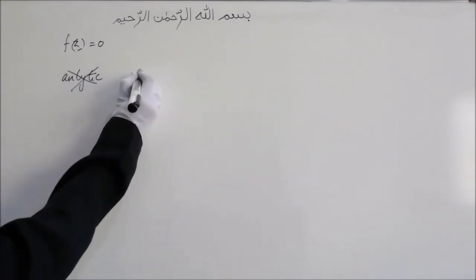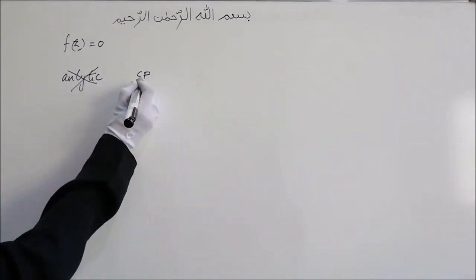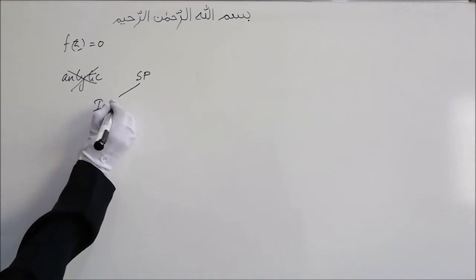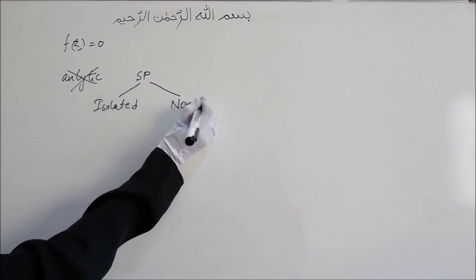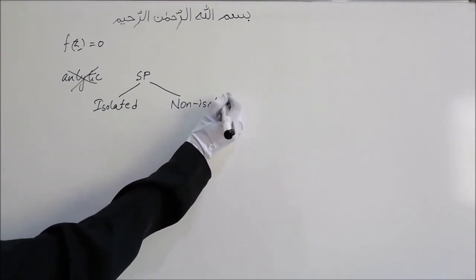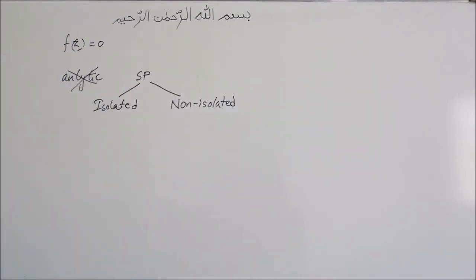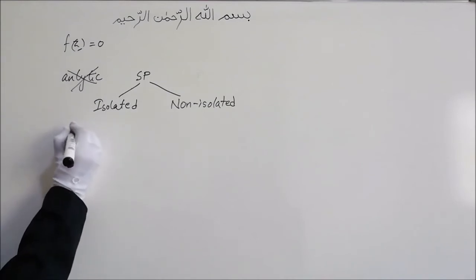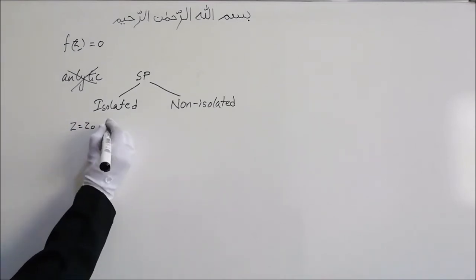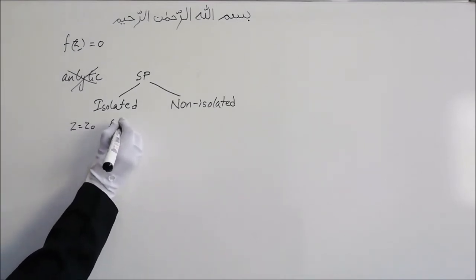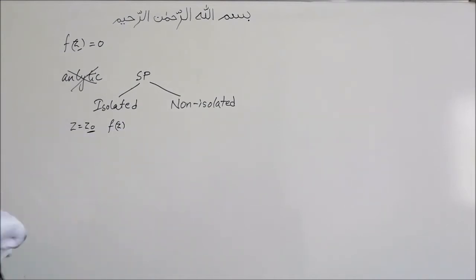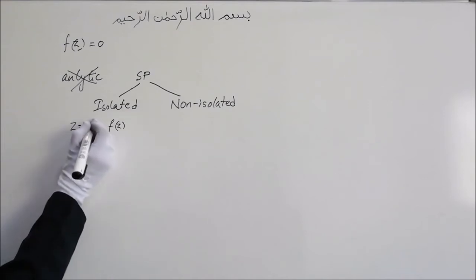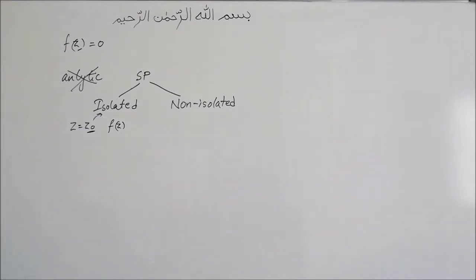Now singular points are of two types. One is known as the isolated singular point and the other is the non-isolated singular point. If z equals z naught is a singular point of the function f of z, and we can isolate this z naught from all the other singular points, then this z naught is called an isolated singular point.